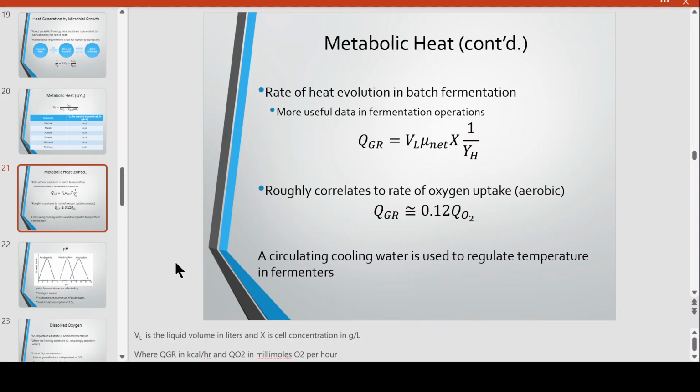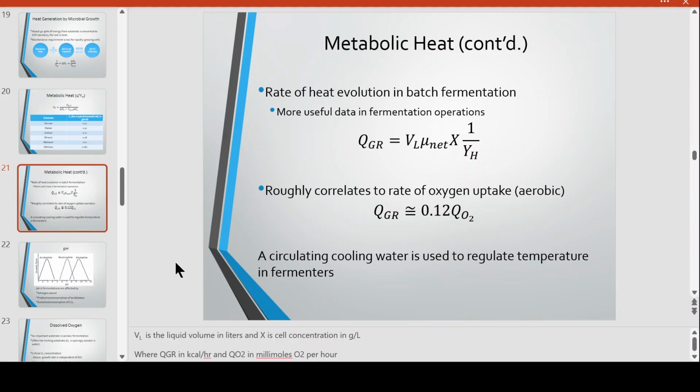Or roughly, for aerobic fermentations, you can correlate this to the rate of oxygen uptake. The heat generated by the metabolism is around 0.12 times the rate of oxygen uptake, U sub O2.